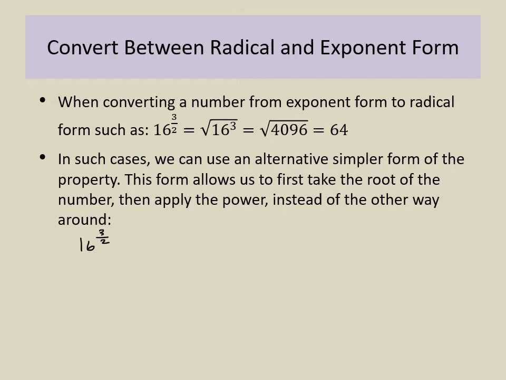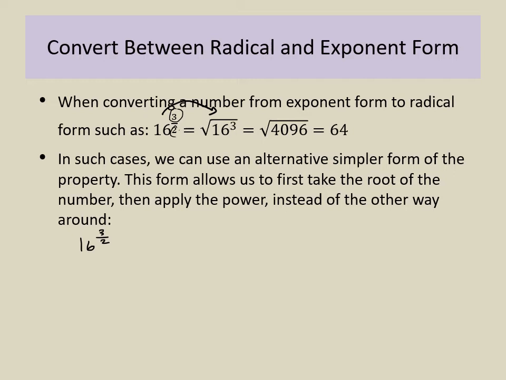So what we have here, up here, is correct. So we're going to have 16, this 3 is the power, and the 2 here is the index. So that's going to be the square root of 16 to the power of 3.